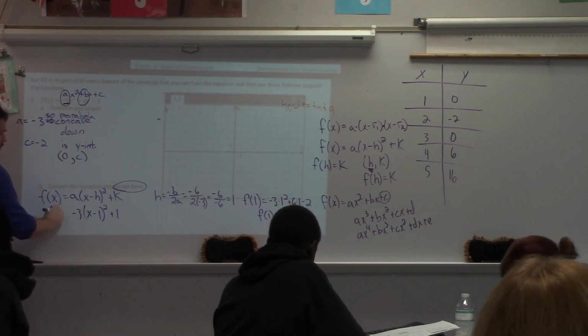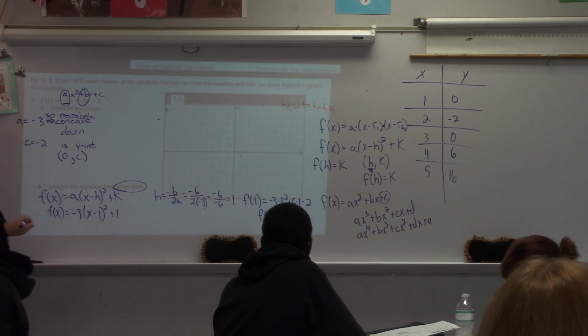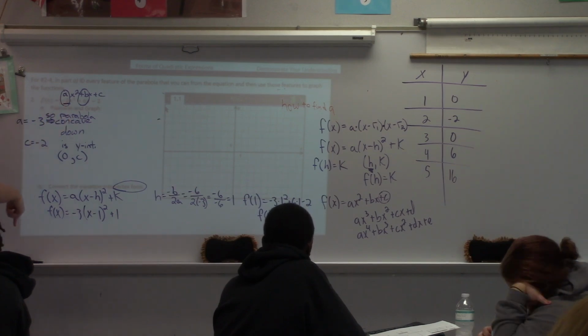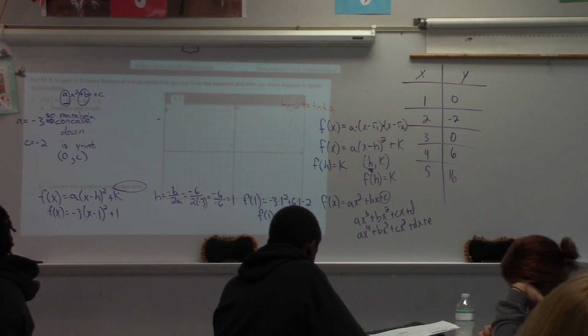When you start off with one form, you don't have to find a again. That a was -3 and it will always be -3. That's why we use the same letter. Right? We have to find a when you're given a graph, when you're given a table. So please note that to yourself, right? We only have to find a if we don't have it, but we have a from the beginning. It was -3.